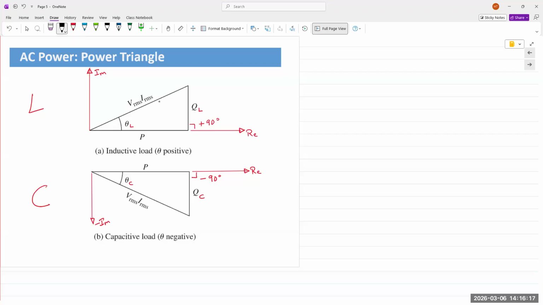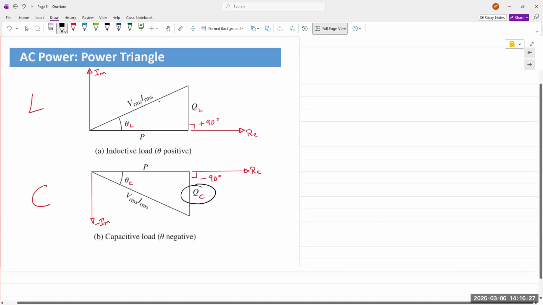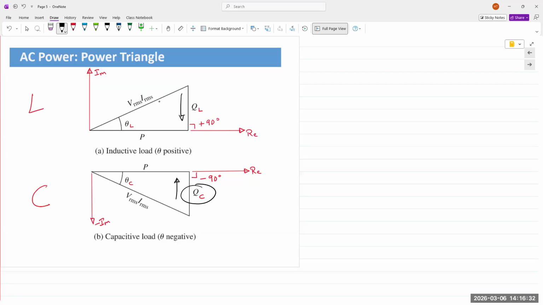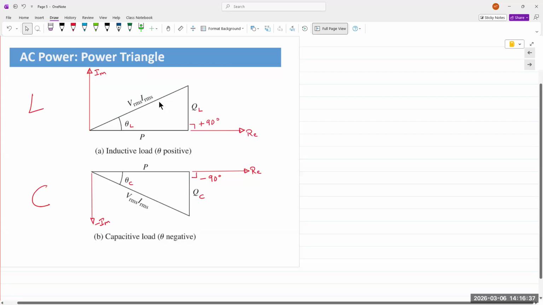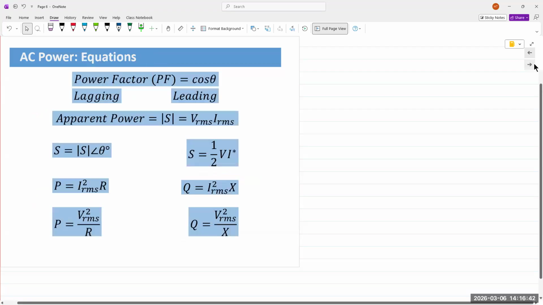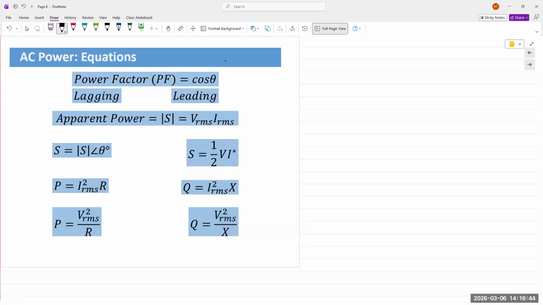All right, so we have inductive reactive power, capacitive reactive power, and the goal is to minimize that because it's not doing any real work. So if we make that smaller, what happens to that power angle? It becomes smaller, right? So the cosine of the power angle, the power factor, is important in terms of AC power. The ideal value of theta would be equal to 0.